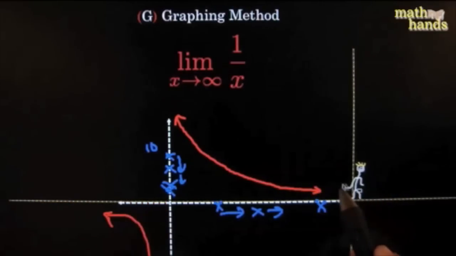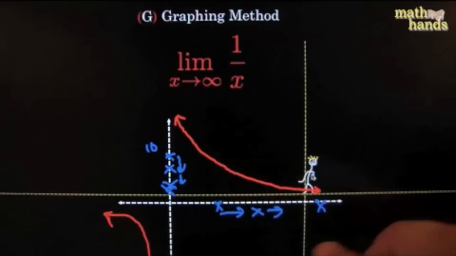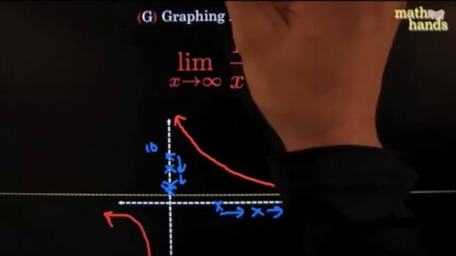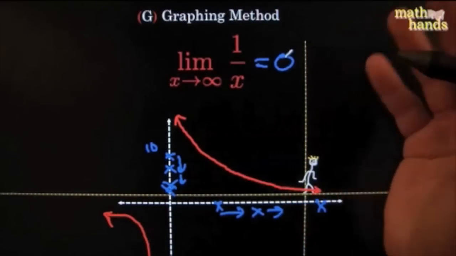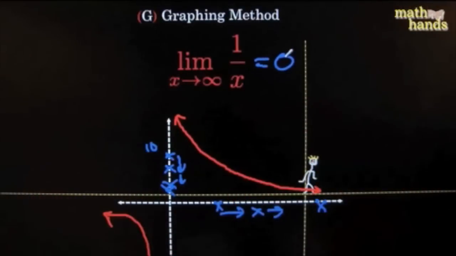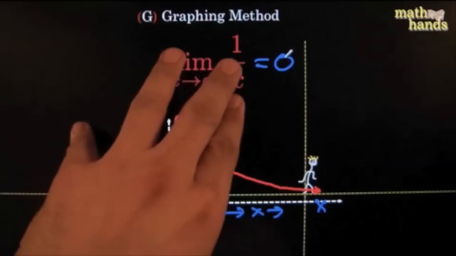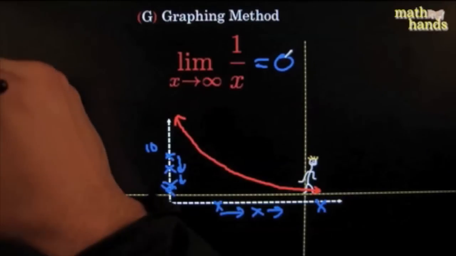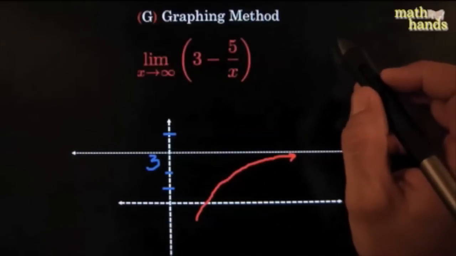And so it's clear to see just from the graph that you've got a horizontal asymptote on the x-axis, and so the best prediction for this one is clearly, undoubtedly 0. That's the graphing method. It's so simple, yet it's very, very powerful, especially for famous functions. If it's not famous, then well, we'll talk about those before or later.